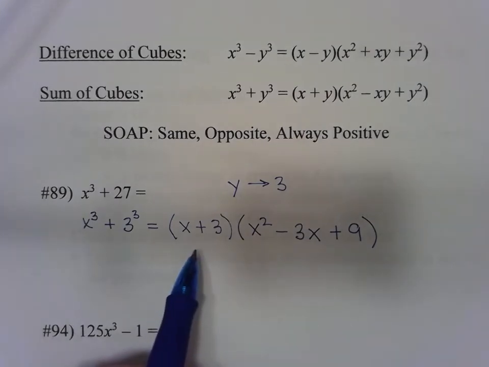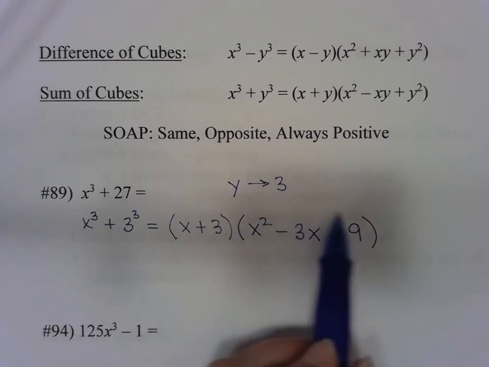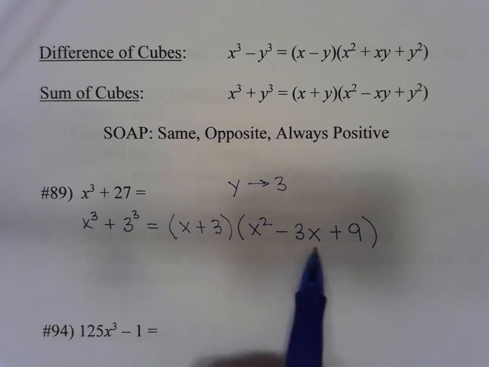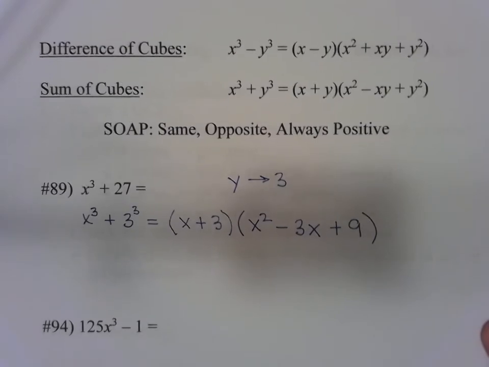Okay, usually if we factor with a sum or a difference of cubes, we're done. You could check to see if this were factorable any further, but I don't think I've seen a problem yet where it was. It could happen, but I haven't seen one. So usually we're done. Let's try one more.